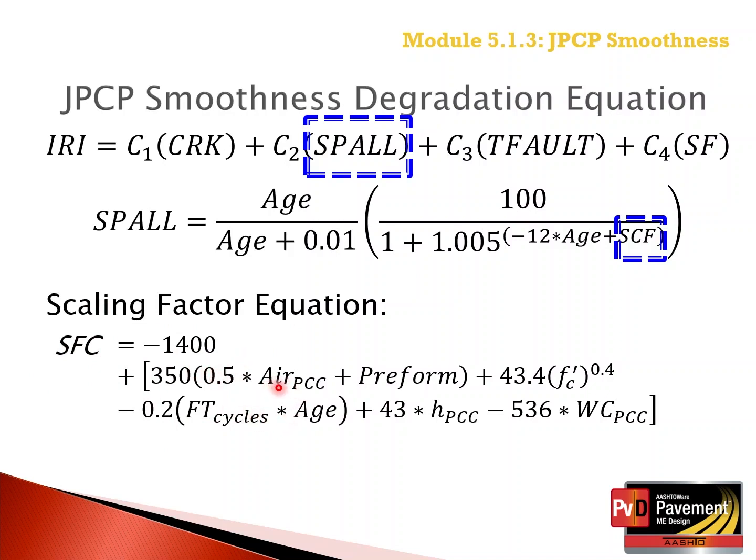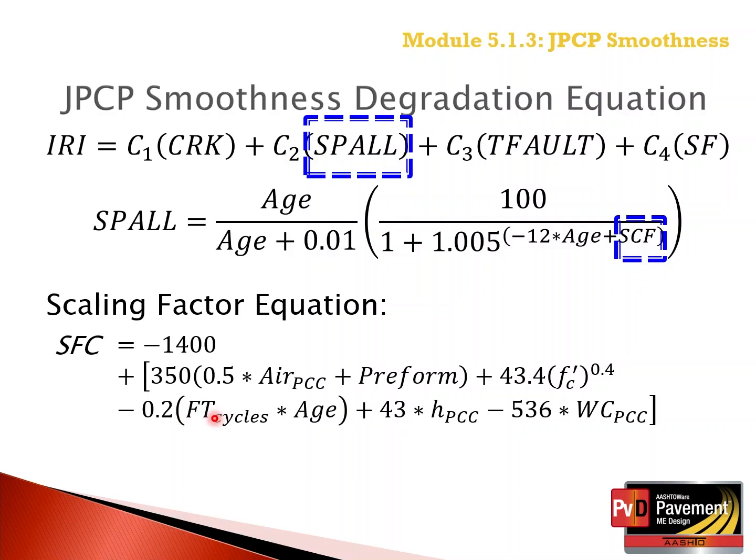Air PCC is the entrained air of the concrete mixture. Preform, or the preform factor, is the type of sealant used in the joint. A 1 is for preformed sealants, and 0 is for no preformed sealant. F'c is simply the concrete compressive strength at 28 days.